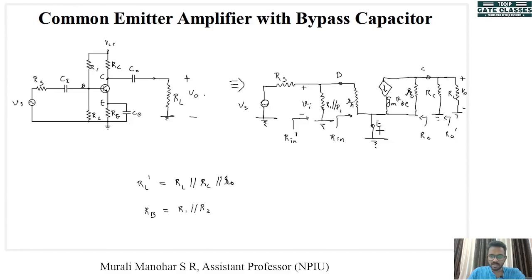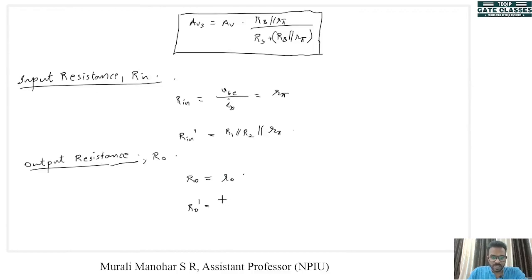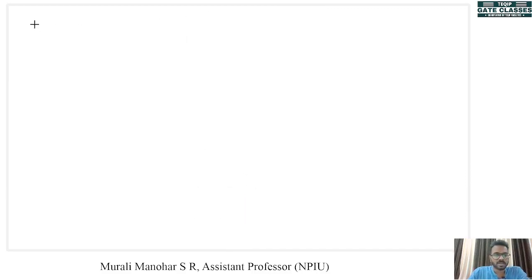And here we have another output resistance which is called Rout dash, found by finding out the open circuit voltage at the output and short circuit current at the output. And in this case, Rout dash is given as RC parallel RO. And the last parameter is current gain, denoted by AI. AI is equal to I out divided by I in.